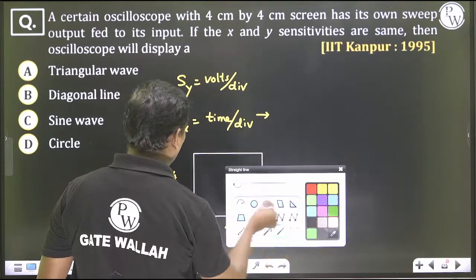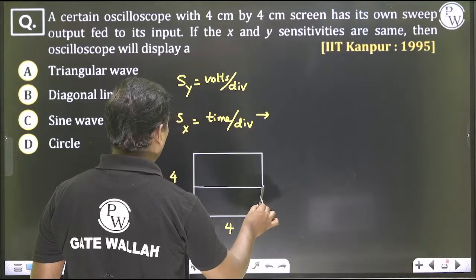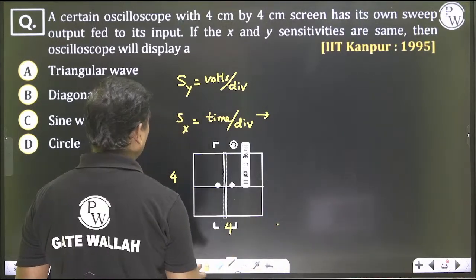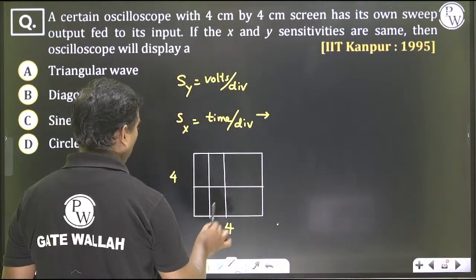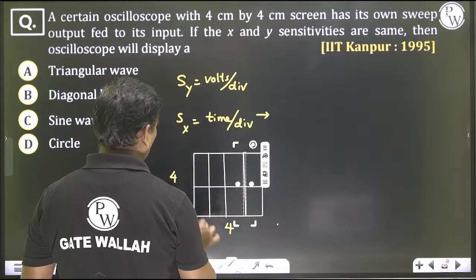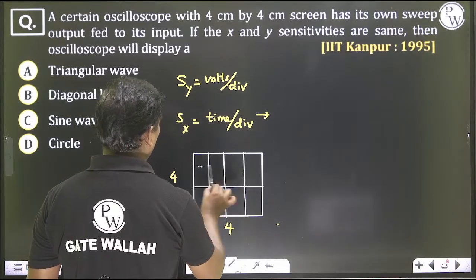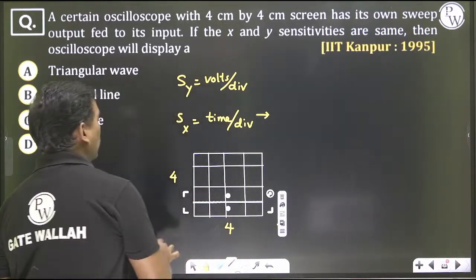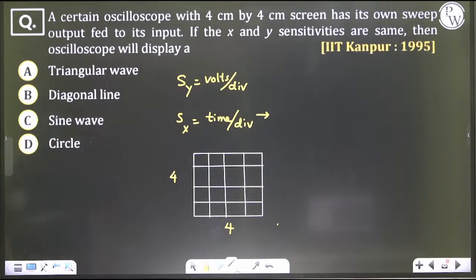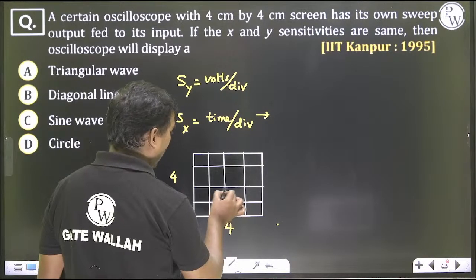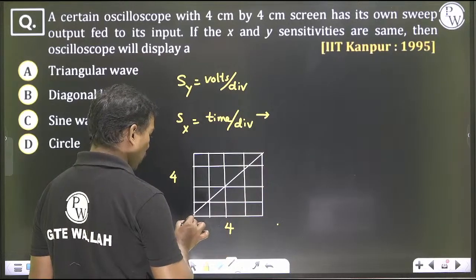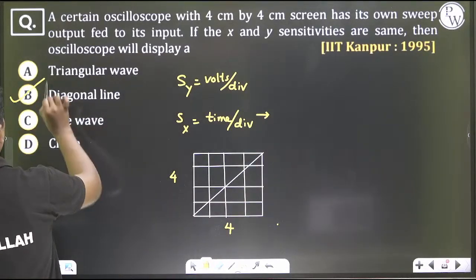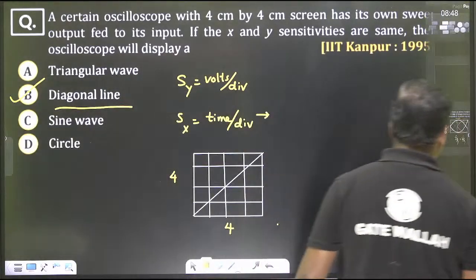So that means the sensitivity along time per division, and both the signals are same, so we are going to get a straight line, a diagonal line. Okay, so let us go for the next question.